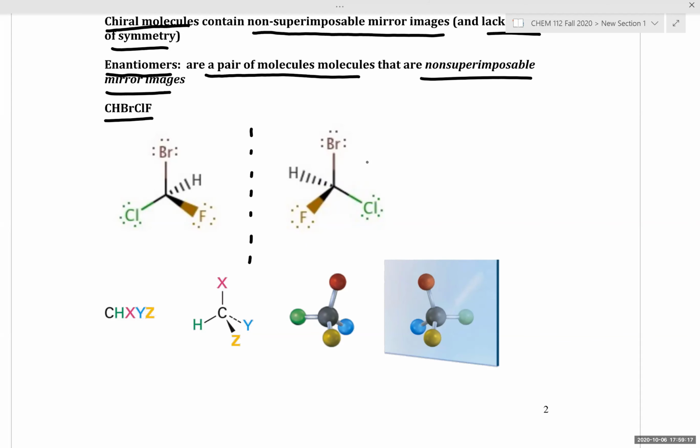Give me one moment to put together the models for these two structures, and let's show that in fact these two molecules are non-superimposable mirror images, that these two molecules are enantiomers.